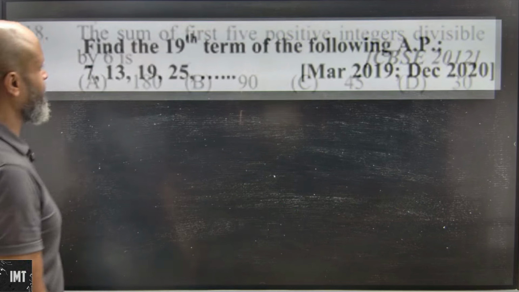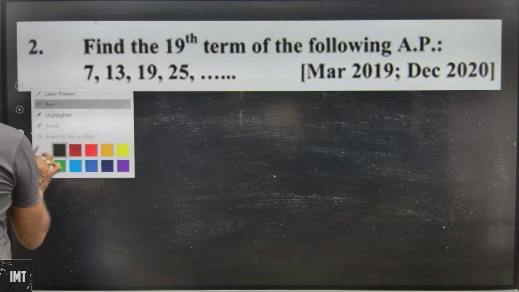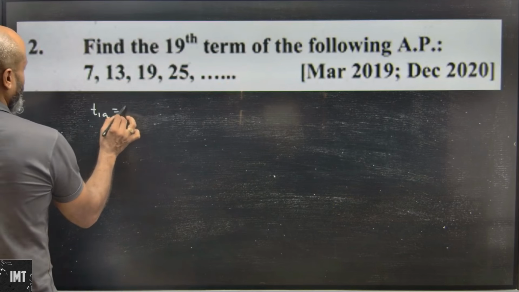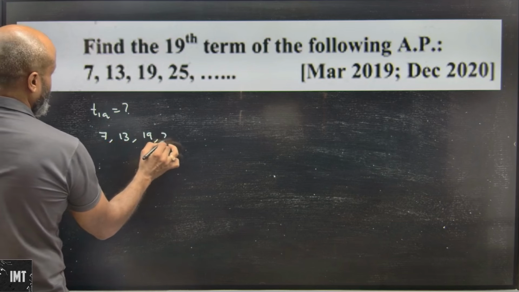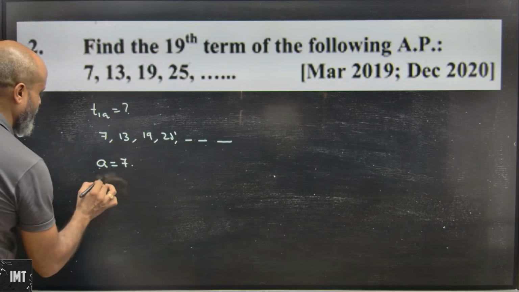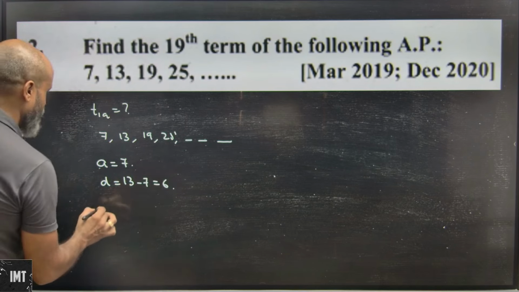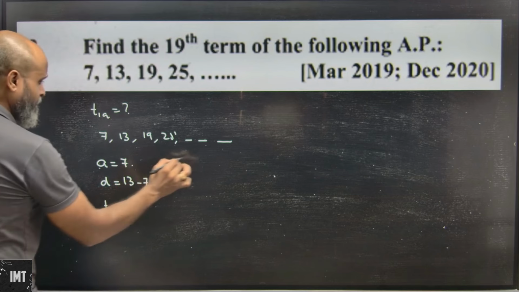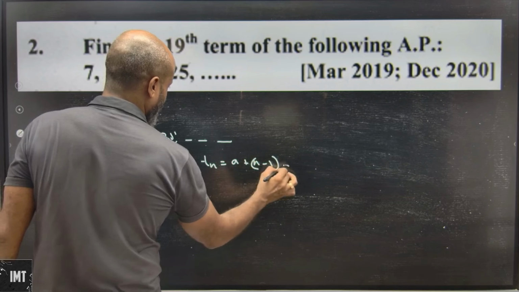Okay. All right, let's move on. Find the 19th term of the following AP. Here you have to find out T19. Let's say we have 7, 13, 19, 25, and so on. A will obviously have a value of 7 and D will have a value of 13 minus 7, that is 6. So T19, as we know, Tn is equal to a plus n minus 1 into d.